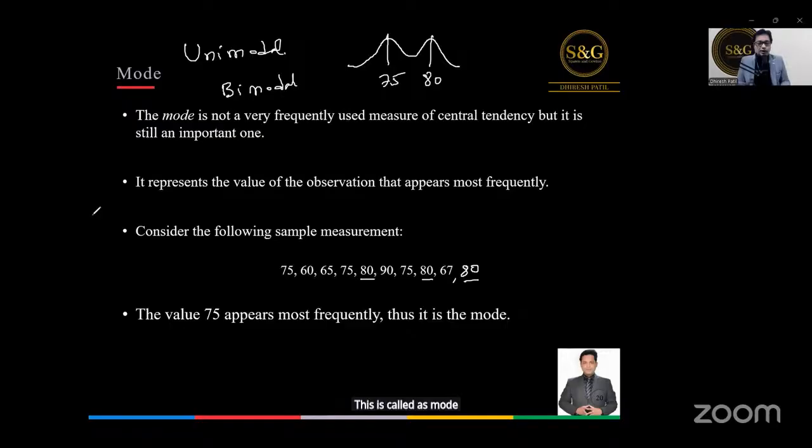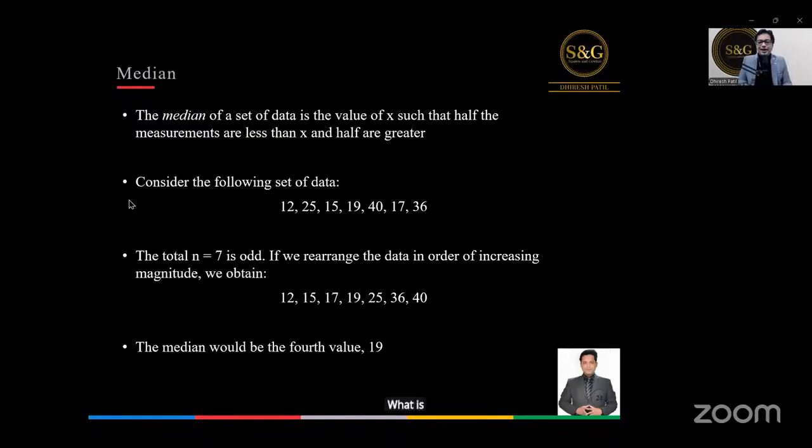Then comes median. What is median? Median is, if you arrange the data in ascending or descending order, whatever is in the center is called median. For example, this is a data set. I arrange the data set in ascending order. So 19 is in the center.